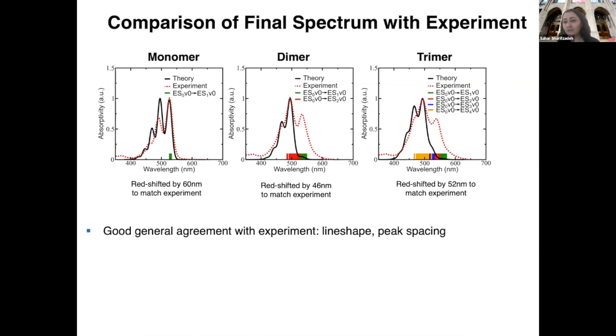We use omega B97XD because we expect that it will be able to describe charge transfer excitations because of that long range corrected behavior. And it also has van der Waals interaction, so we expect that it's going to describe those intermolecular vibrations appropriately. So we feel that it's a reasonably good functional for this system, but we haven't tested others for the stacks.